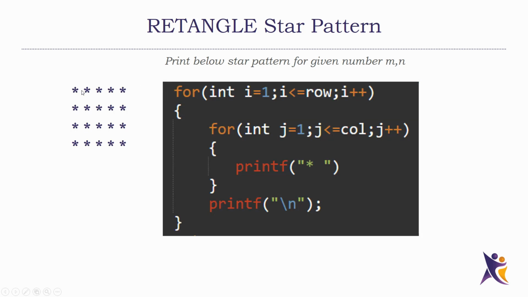Let's say in this example there are 5 stars for each row, and there are a total of 4 rows. So here we will use different variables: for the outer loop I will be using rows, in the inner loop I will be using columns. A small modification to the square pattern will become a rectangle star pattern.